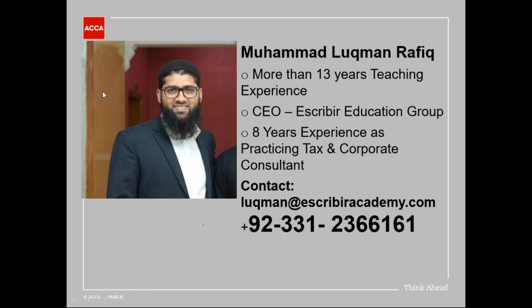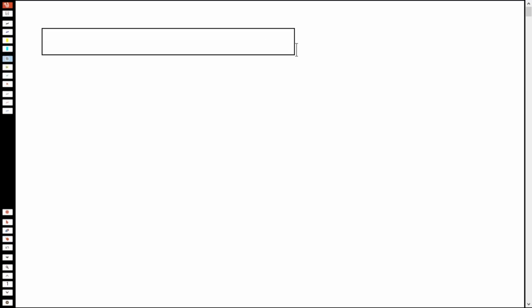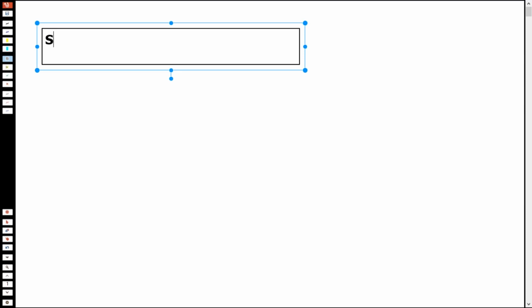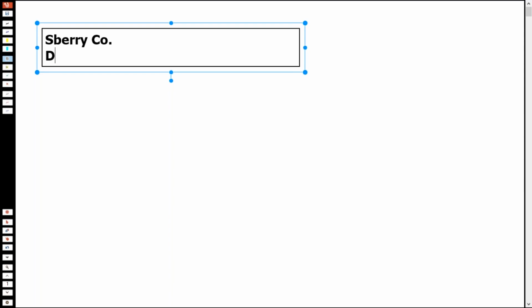The first area that we are going to discuss today is an examination question about risk and uncertainty. The question is the S. Berry Company, a practice question from the December 2018 examination paper.